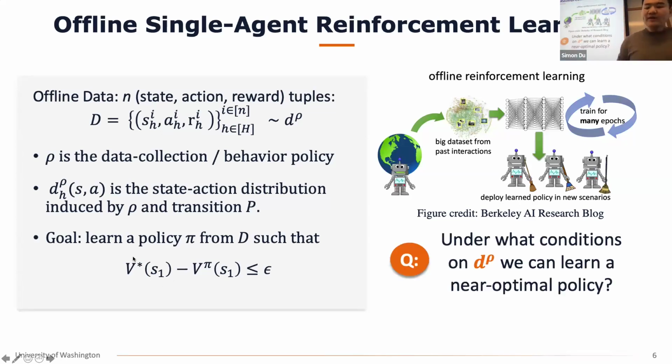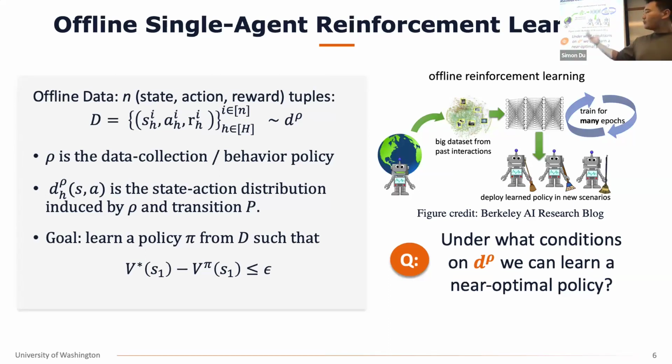Theoretically, one natural question is, under what conditions on the distribution that generates data can you actually learn a near optimal policy? That's different from supervised learning, where if your task distribution and training distribution are the same, then as long as you have enough data, you can learn the near optimal predictor because you can just generalize it.